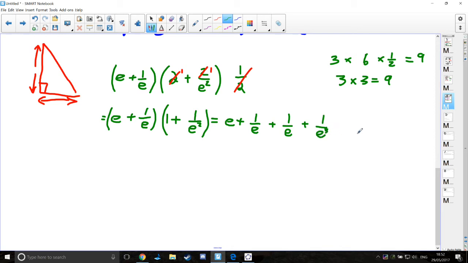Doesn't that look utterly hideous? Okay, e plus, well, we've got 1 over e, we've got another 1 over e, so we have 2 lots of 1 over e, so 2 over e. And a 1 over e cubed.